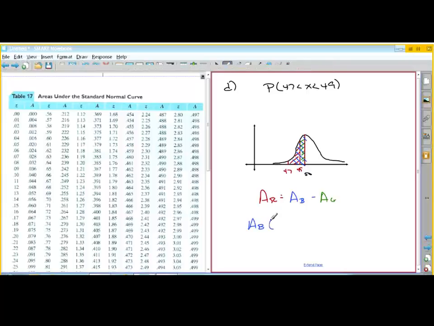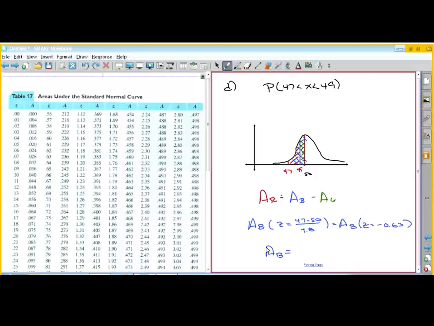Now the blue area is a function of the z-score associated with the left limit, which is 47. So I take 47, subtract the mean, and divide by the standard deviation, which is 4.8. You get -3 divided by 4.8, and I get -0.63.